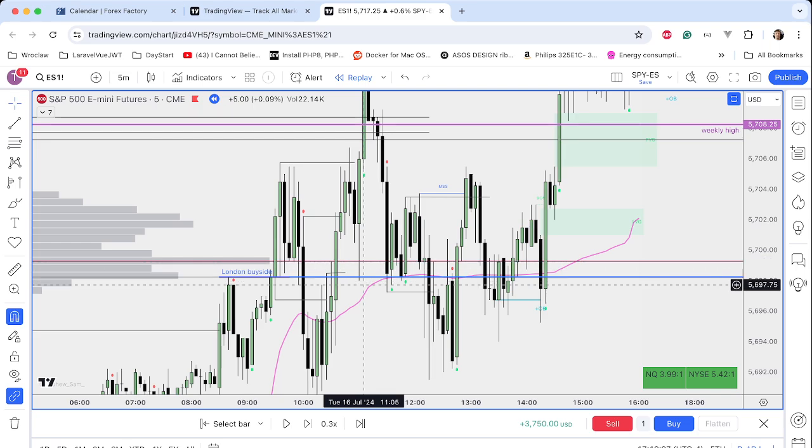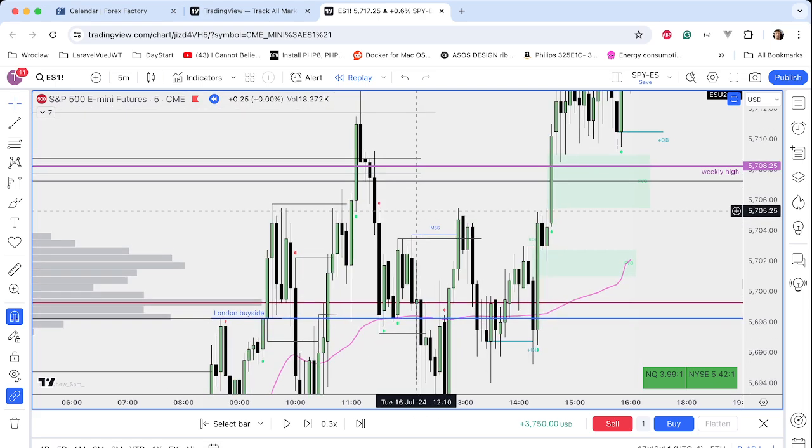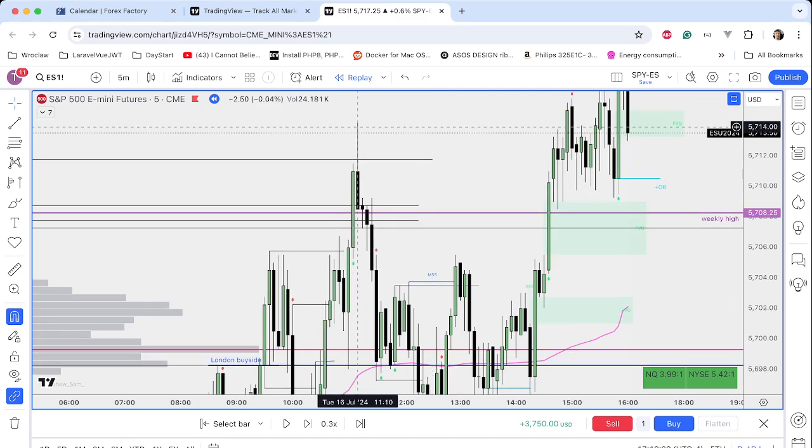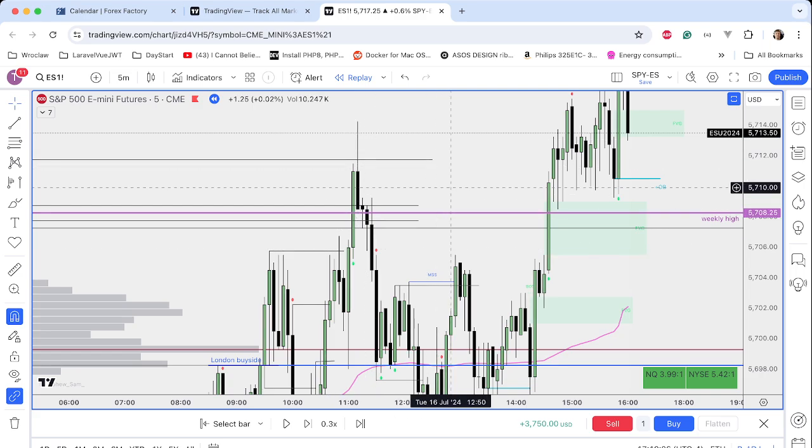Immediately dropped. And we could have continued on, but they decided to buy one more time. Pump this into the highest levels, into the next levels of liquidity, and then they dropped. So that's it.